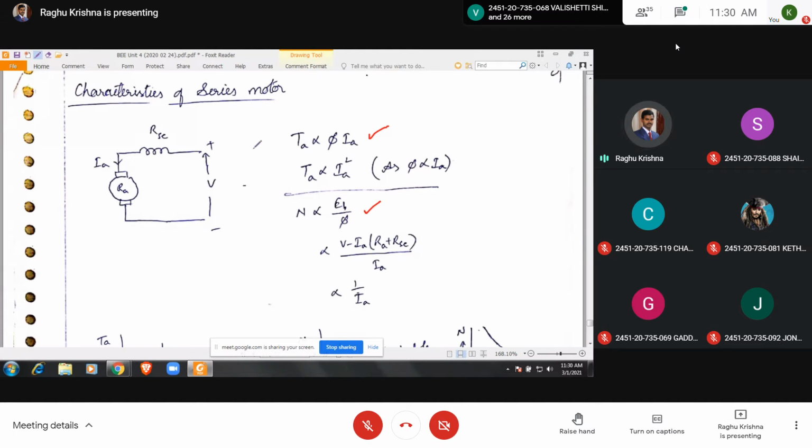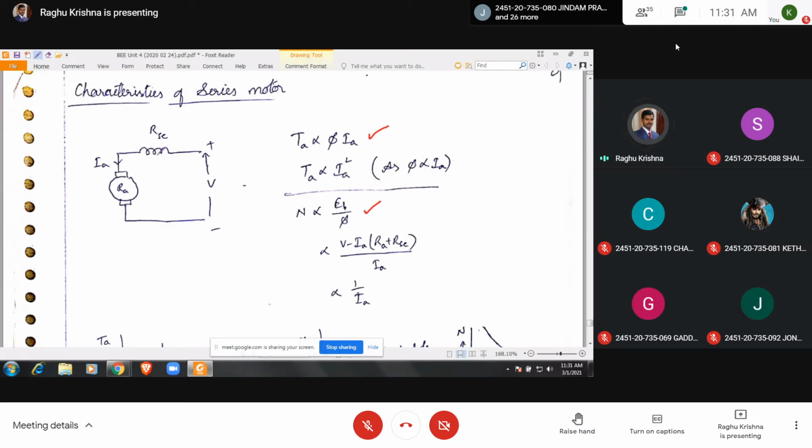Okay, now let us see the characteristics of series motor. Torque is proportional to phi into Ia. This you already know. Now here torque can be written as torque is proportional to Ia square. As flux is proportional to Ia, the current flowing through the field winding is Ia. You know that flux is proportional to field current, so here the field current is equal to Ia.